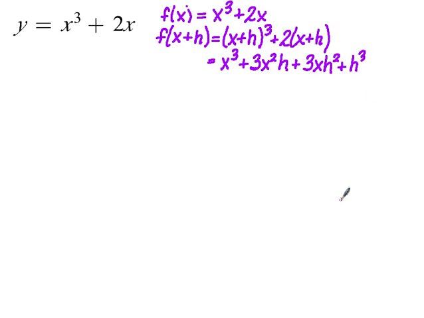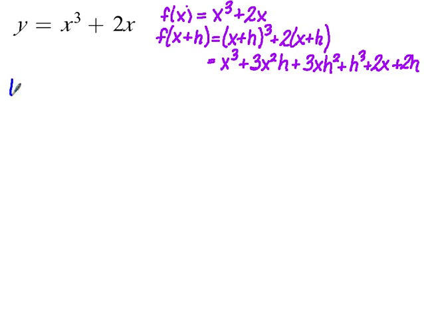Because what happens is your x's are decreasing, you have no more x's left, and you have your h cubed. Now, I've still got my 2 times x plus h, so that will be 2x plus 2h. Like I said, doing all of this first will save us a ton of work because we're not having to do that in the problem.